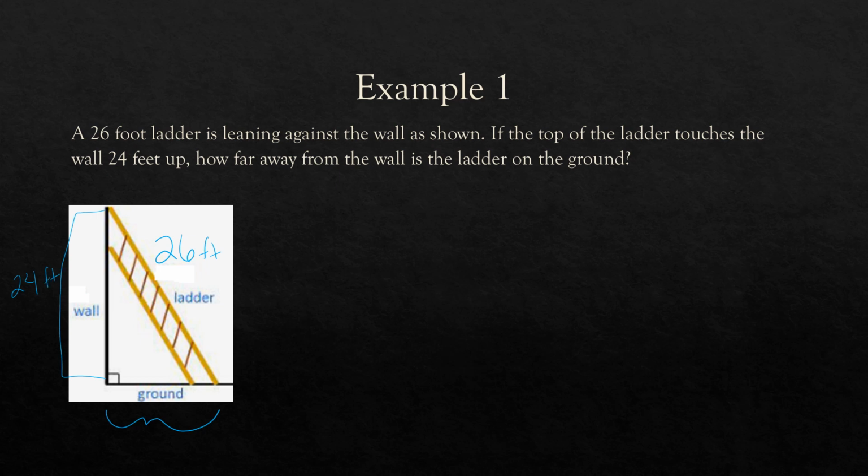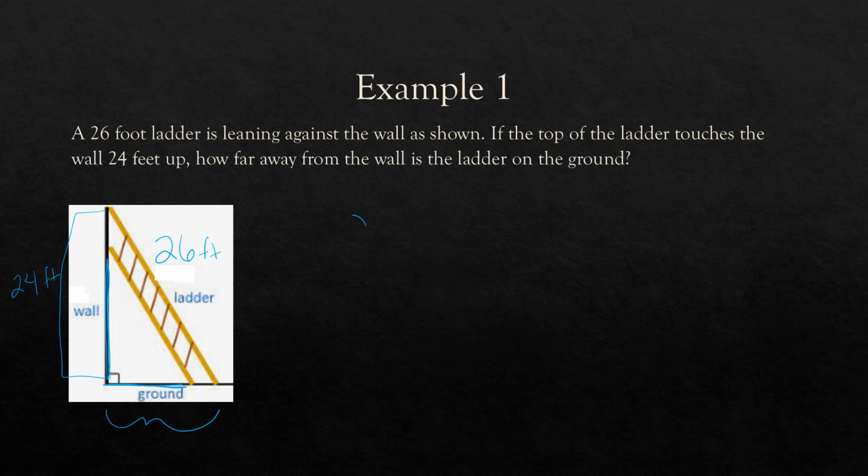We're going to use the Pythagorean theorem. This leg on the ground is one leg, and this height against the wall is a second leg, and then the ladder is our hypotenuse because it's across from the right angle.